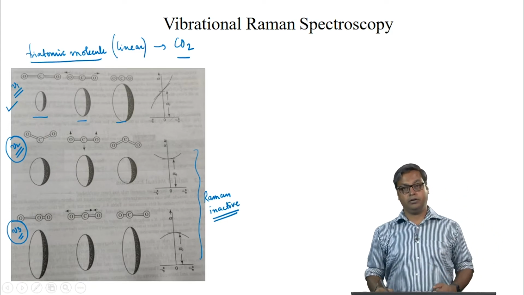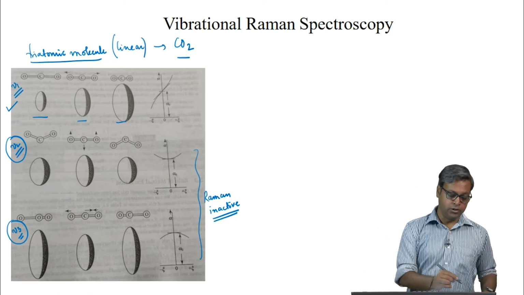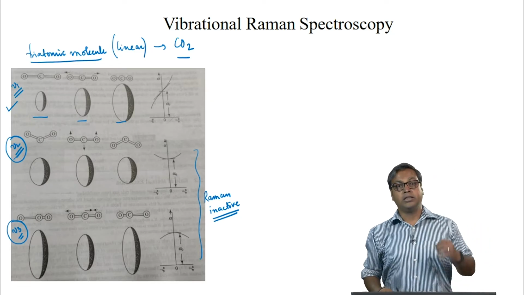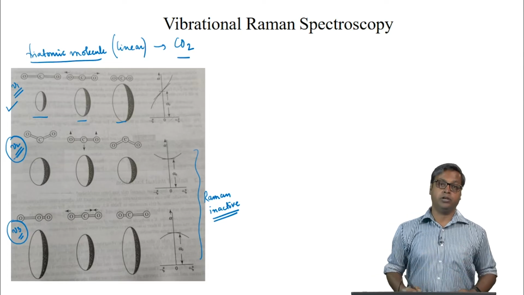It might appear that in case of nu 3, the asymmetric stretch, or nu 2, that is bending, the molecule changes shape and so does the ellipsoid.